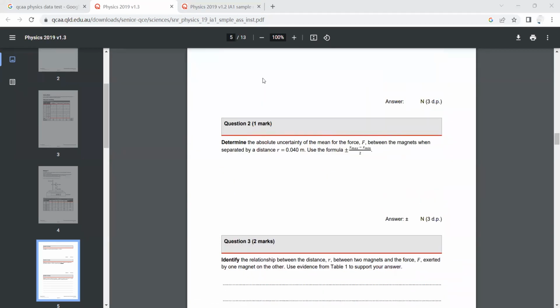By the way, what I would think is that to find an uncertainty, we need to consider the uncertainty of each value.